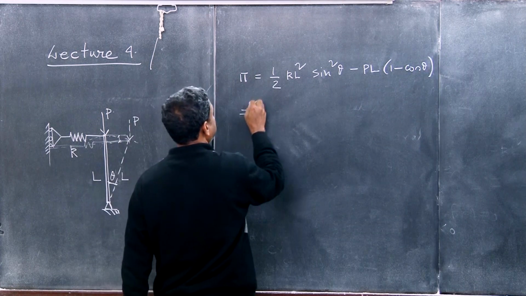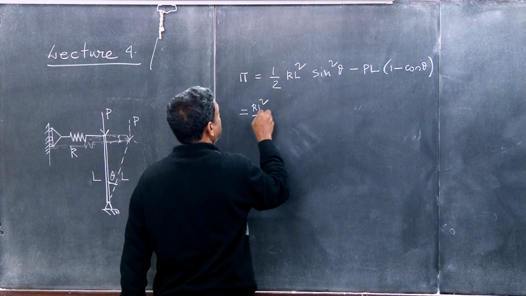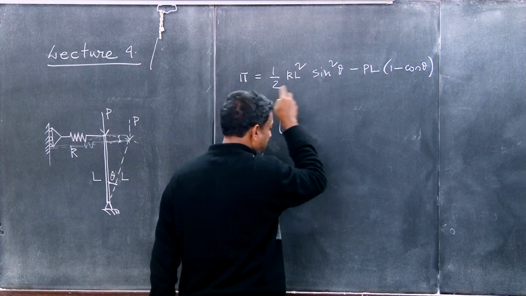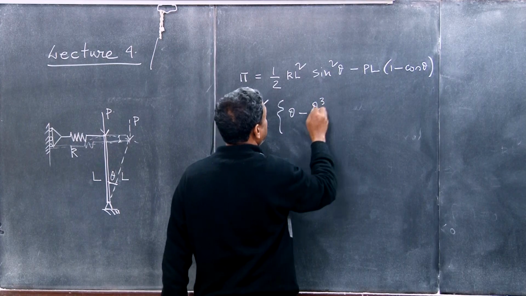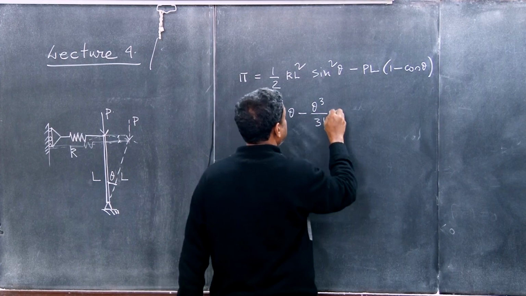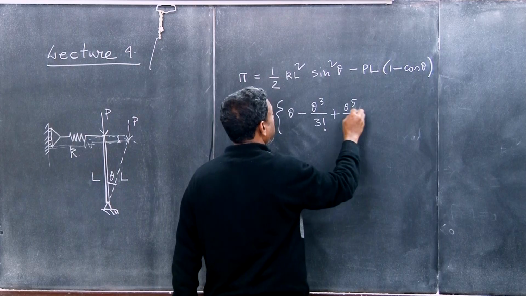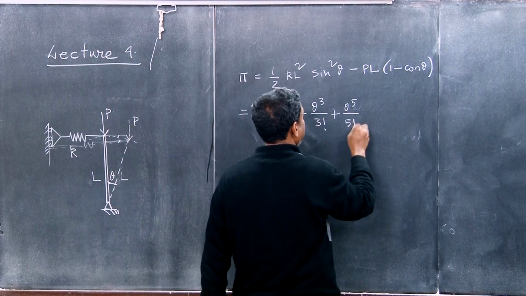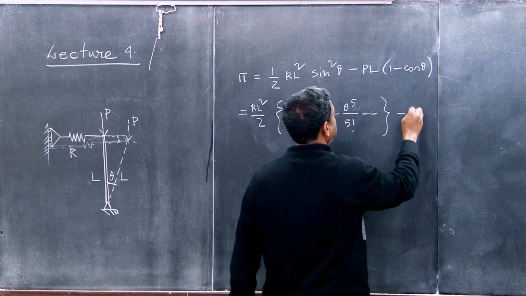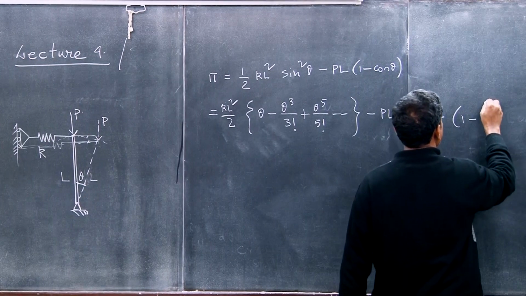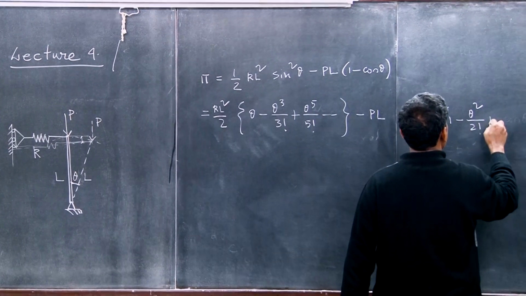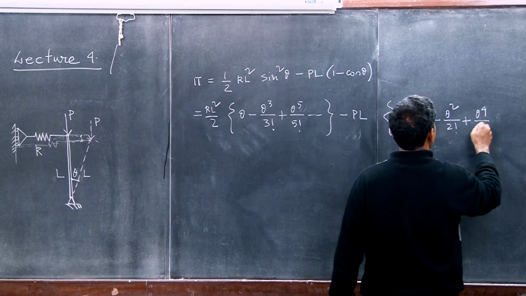So, k L square by 2 sin square theta, if you expand, theta minus theta cube by factorial 3 plus theta to the fifth by factorial 5, whatever, the higher order terms we can always neglect. P L into 1 minus cos theta is theta square by factorial 2 plus theta to the 4 by factorial 4.